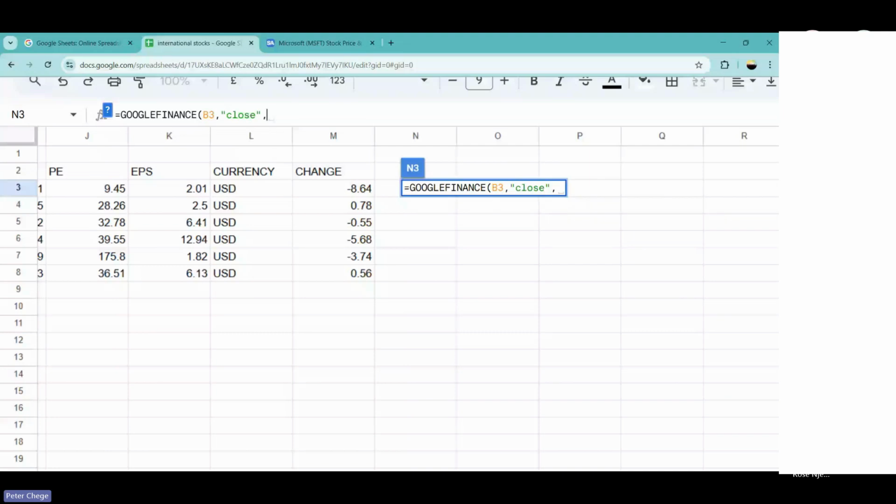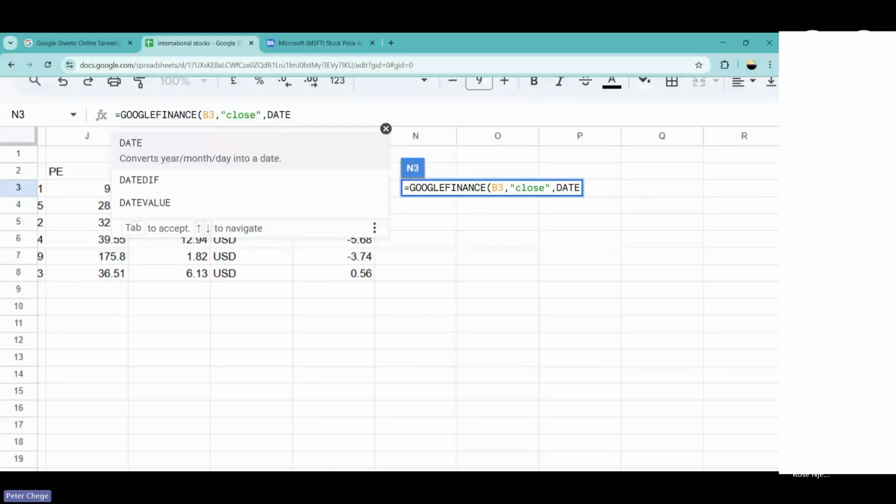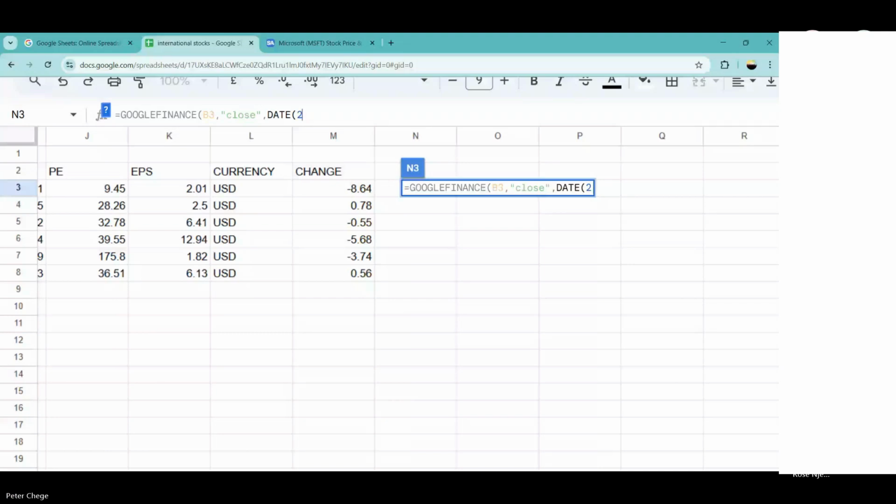Then we need the date. Let me see the date format. Then DATE, which you write in capitals. In the brackets, the year, we can go to 2011, comma, maybe 11, that is November. Then we take the other date, the current one.